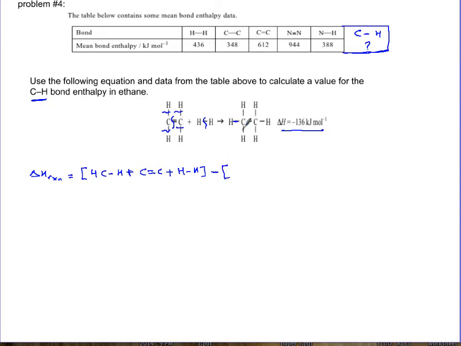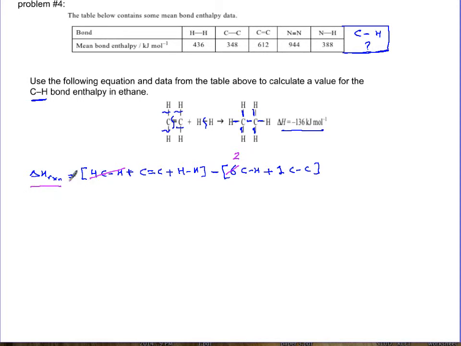You form 1, 2, 3, 4, 5, 6 C-H, and you are also forming one C to C single bond. Let's simplify as much as we can. The 4 C-H versus 6 C-H, this goes away. I only have to worry about 2 of them.